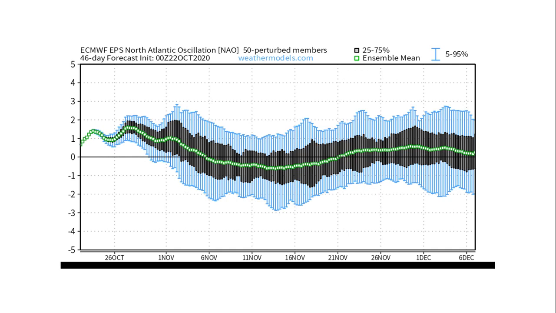The European EPS NAO 50 perturbed members 46-day forecast, showing a positive phase of the NAO, and then dipping down slightly negative from the 6th of November through the 21st of November, and then back slightly positive beyond into late November, early December.